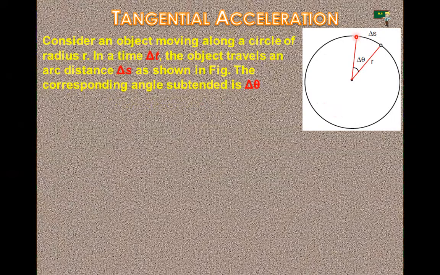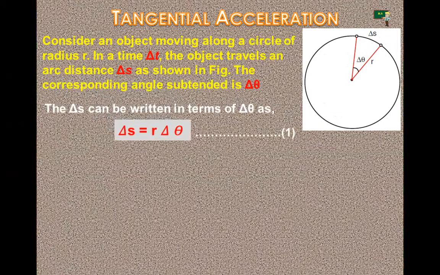The corresponding angle subtended is del theta. Now, del s can be written in terms of del theta. That means the displacement is referred here as del theta.